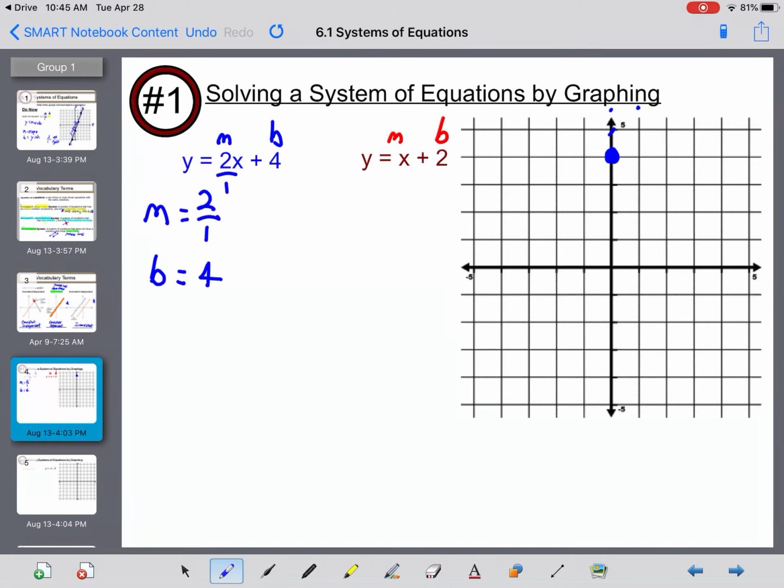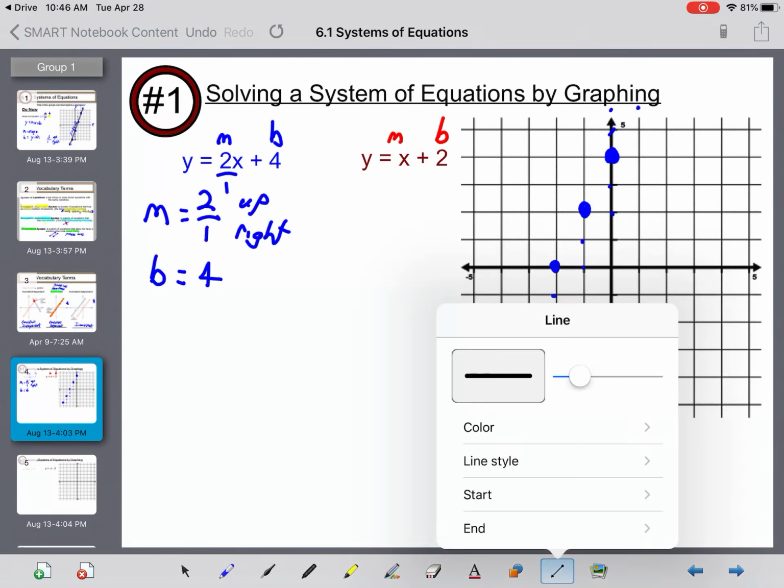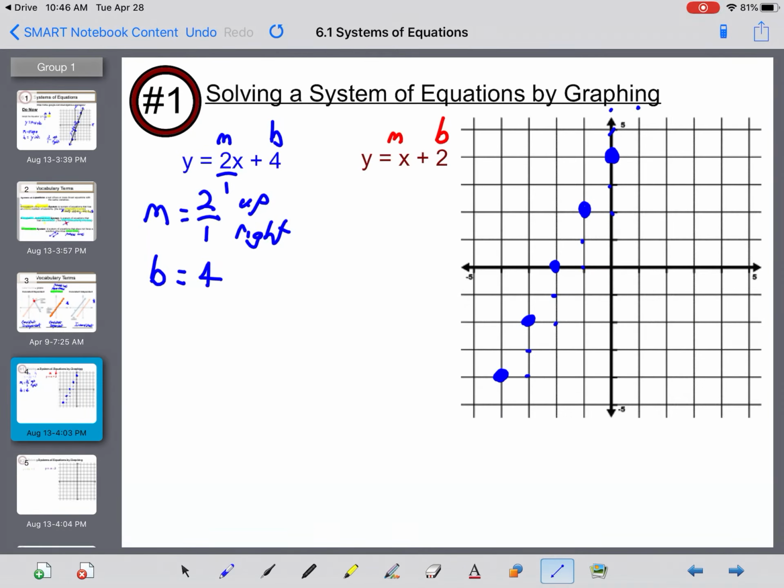Now my slope says to go up 2 and over 1, but that's off the graph. So instead of going up and to the right, you need to do the opposite, which is down 2 and to the left 1. Gonna connect these. Let me see if I could change this to blue.